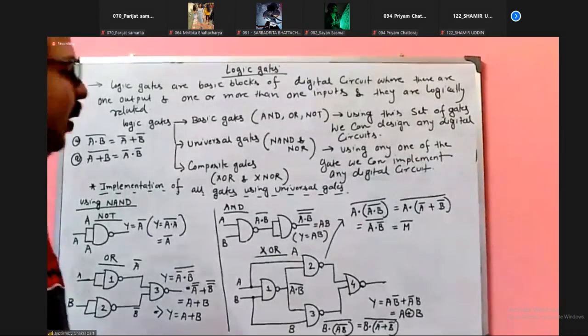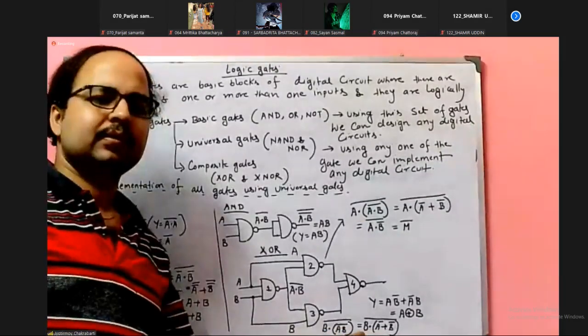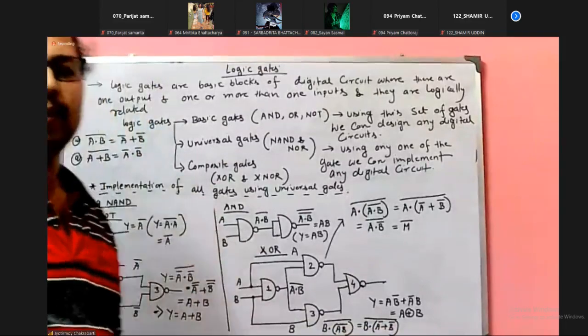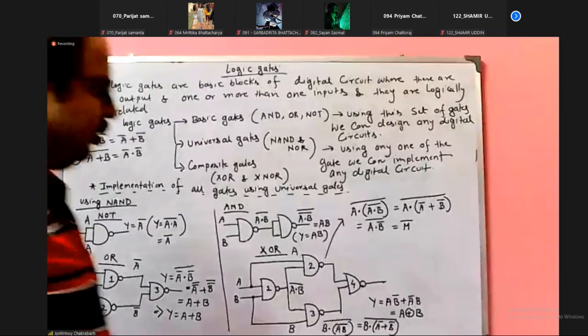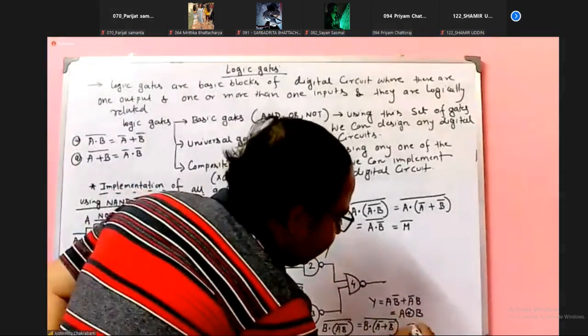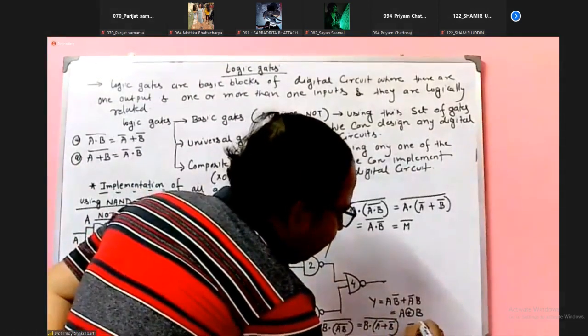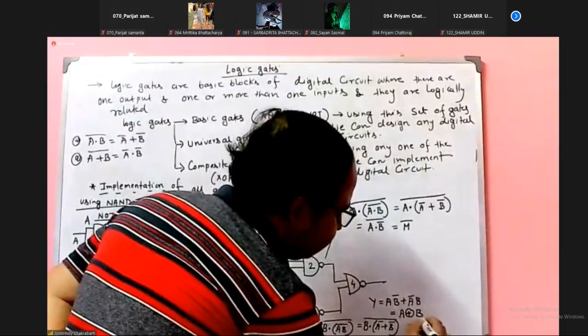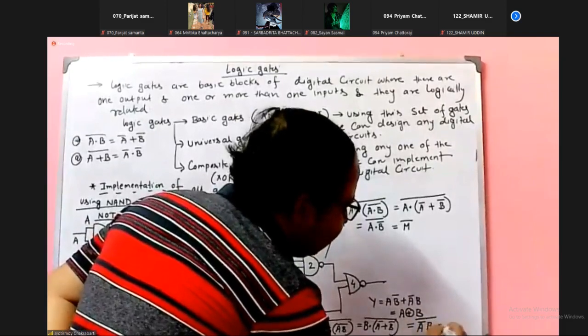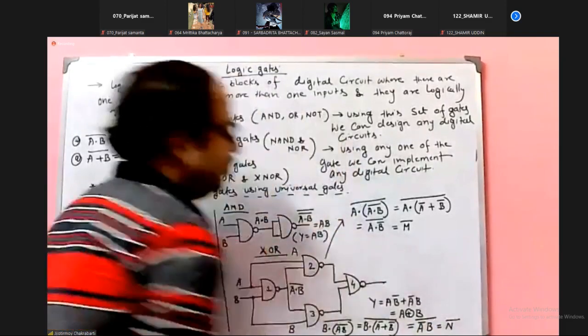So what is the b dot b bar? b dot b bar মানে কি হবে? Zero. So it will be only a bar b whole bar. I can think this is the n bar. আমি এটা করলাম n bar.